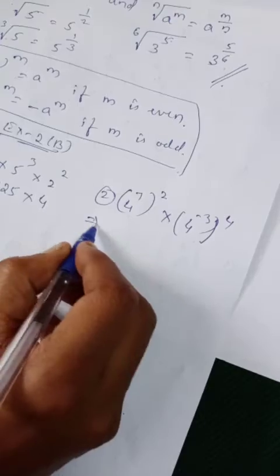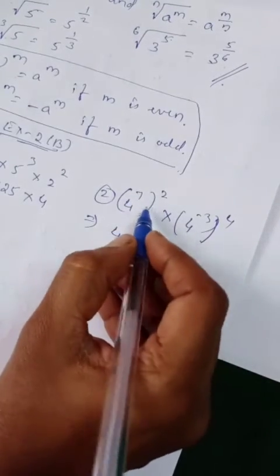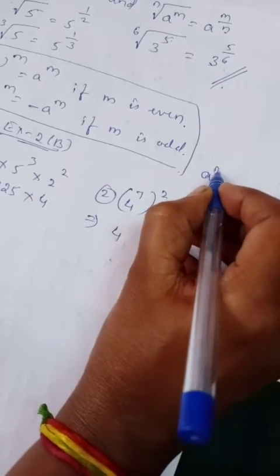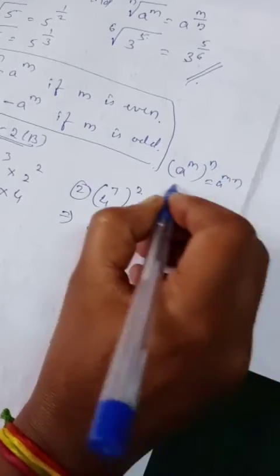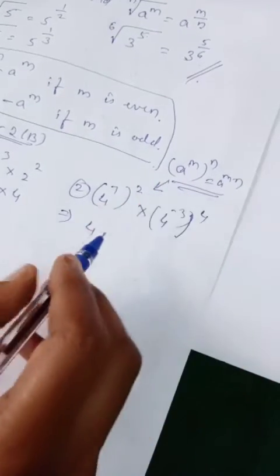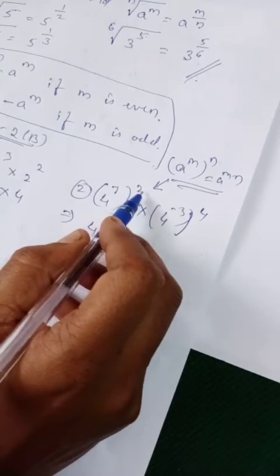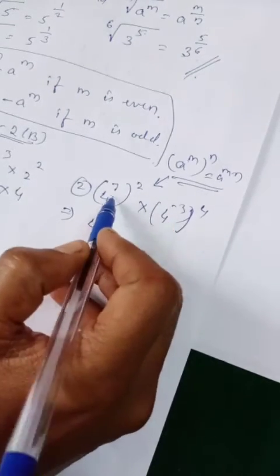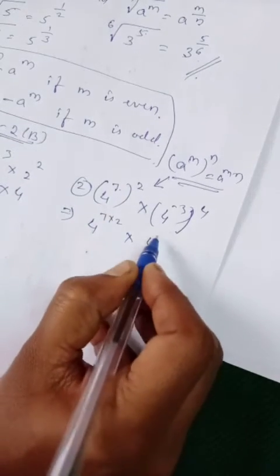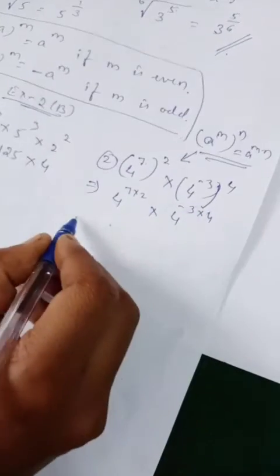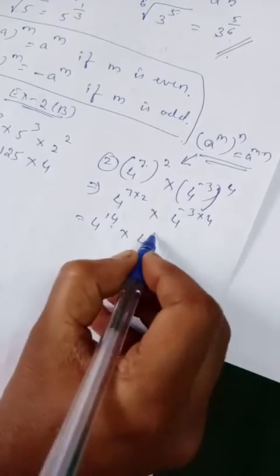So this is the formula a raised to m raised to n is equal to a raised to m into n, which you have to apply here. 4 raised to the power 7 raised to the power 2 is 4 to the power 7 into 2, that is 14, and 4 to the power minus 3 into 4 is 4 to the power minus 12.